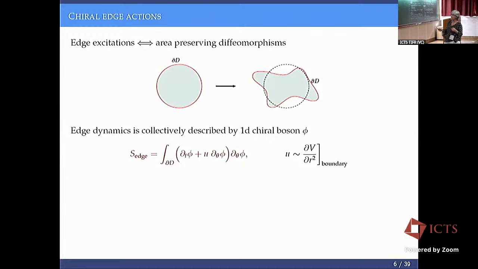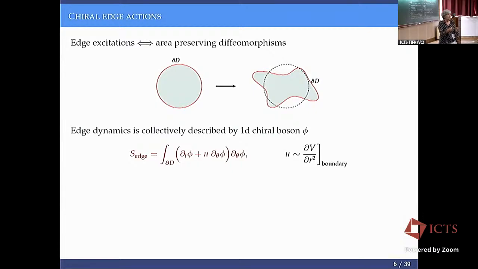This edge dynamics can collectively be described in terms of a one-dimensional chiral boson. It's there because the area of the droplet cannot change. We have a fixed number of electrons, and the area is fixed inside the droplet.